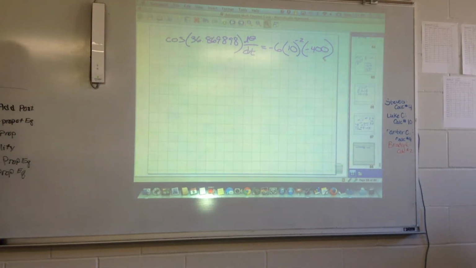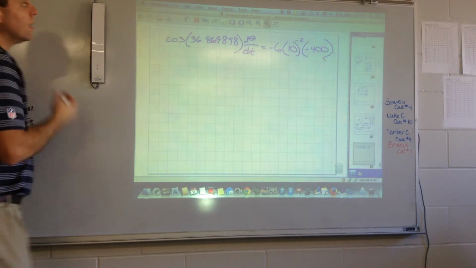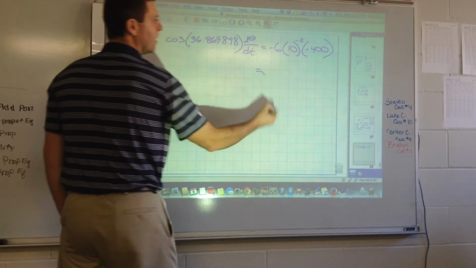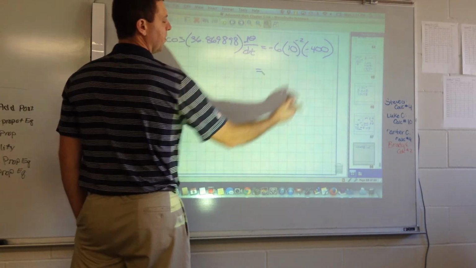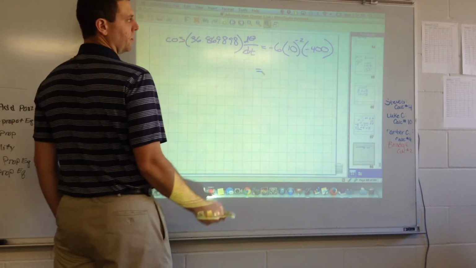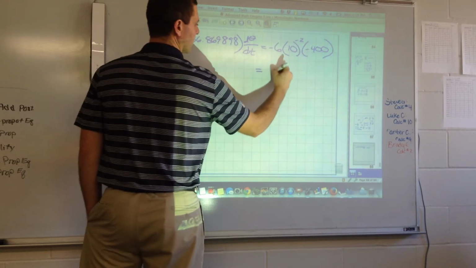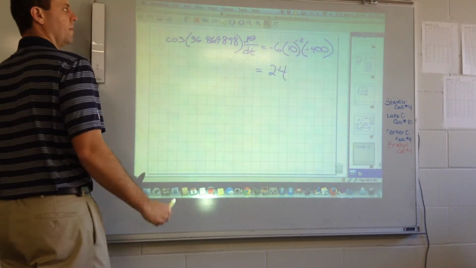And then I can solve this for d theta/dt. That is 1 over 100 times negative 400, which is negative 4, times negative 6. I believe you get 24 over there.